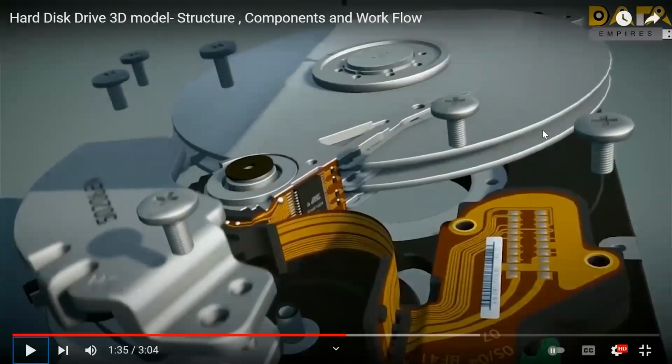Here we can see the components very clearly: the platter, the actuator arm, the spindle, and the head at the edge of the actuator arm.